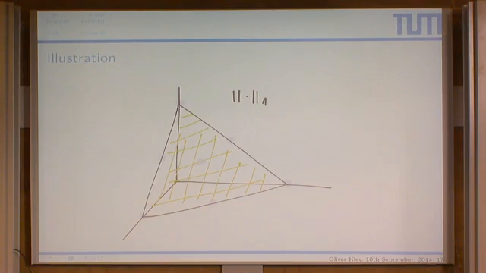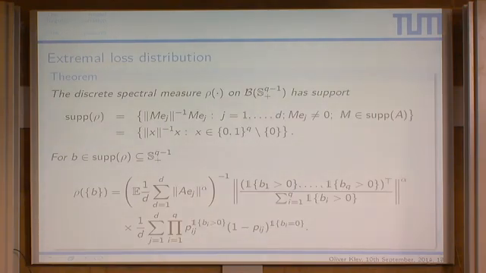I just wrote it down here. So the support of this discrete spectral measure now is just every vector with entries of zeros and ones, which is scaled down to the unit sphere, and you can just write the explicit formula, which just depends on the random graph, the alpha, and the norm.